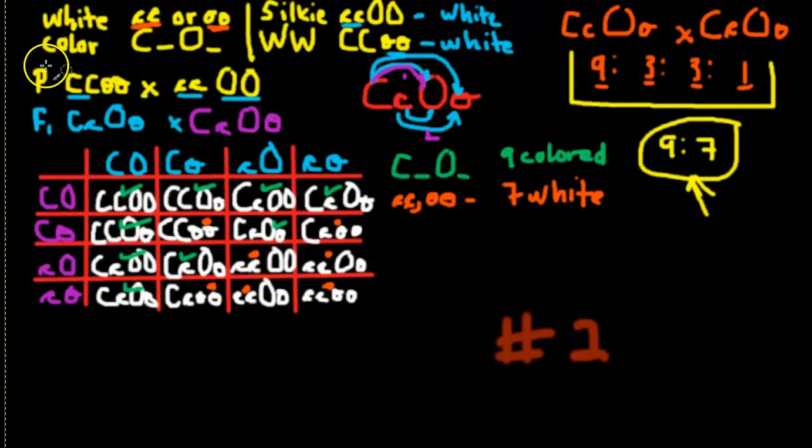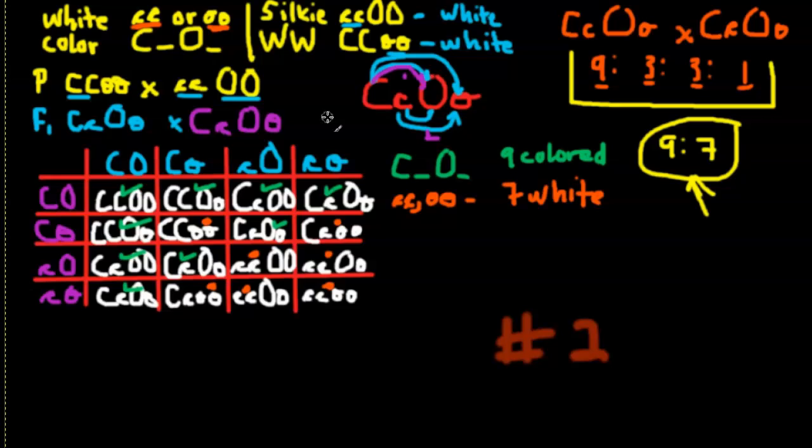You want to see that? And then it says color is the presence of both. See, both dominants are necessary for color. Then it tells us what the silky breeds and the white wyandottes are. So the silky breed over here has the formula 2 little c's, 2 big O's. So what are they going to look like? They're going to be white.